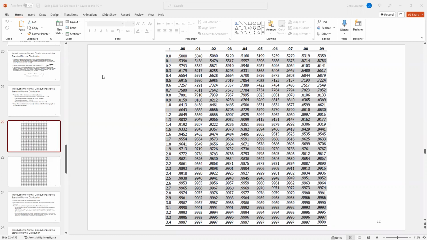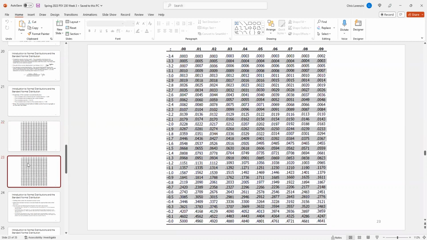Then I wanted to find the area under the curve to the left of -1. So for -1, I come to the negative table, -1.0. Since I don't have a third digit there, I'm going to use this first column right here: 0.1587.